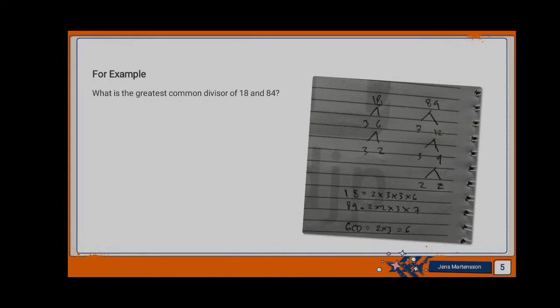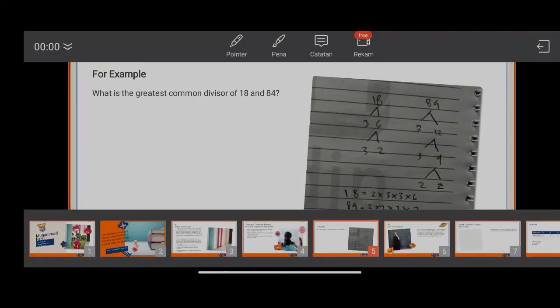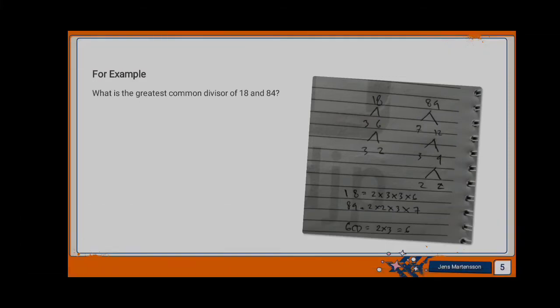So, we can use the factor tree. 18 over 3 is 6, and 6 over 3 is 2. 84 over 7 is 12. 12 over 3 is 4. 4 over 2 is 2.